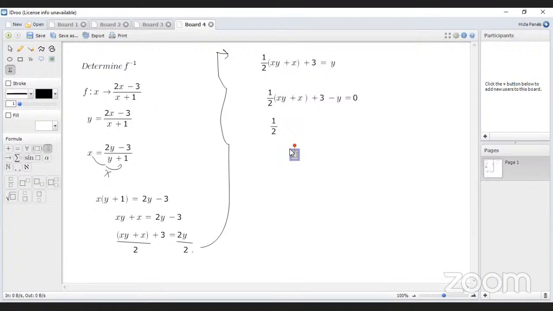All right, so xy plus x plus 6 minus 2y equals 0. So that would be xy minus 2y equal negative x minus 6, open bracket x minus 2 close bracket. So y would be negative x minus 6 over x minus 2?